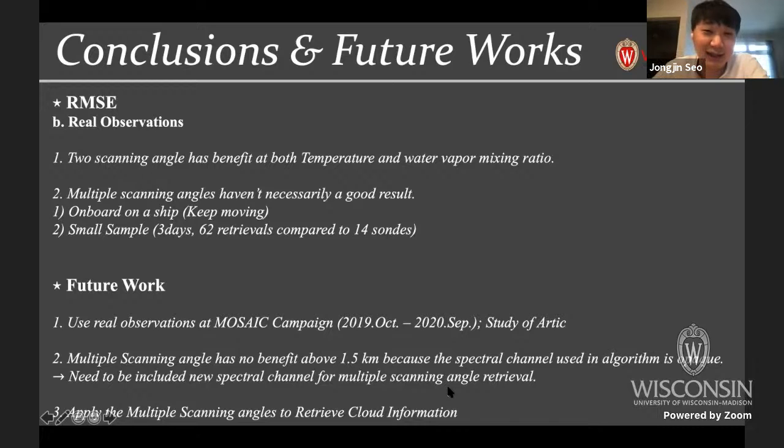So I expect that. Also there are mentions about this in MWR multi-scanning angle papers. They also mention the need to find more transparent channels to improve the retrievals at high altitude, to get more information. Does that make sense to you? Yes, perfect sense. Thanks.